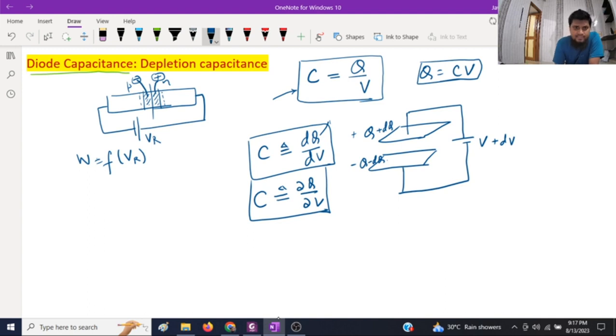Now, in the case of a PN junction, we have two types of capacitance. Okay, one is the depletion capacitance, which we are discussing in this video. There is one more capacitance that is called the diffusion capacitance. Generally, it is present in forward bias.